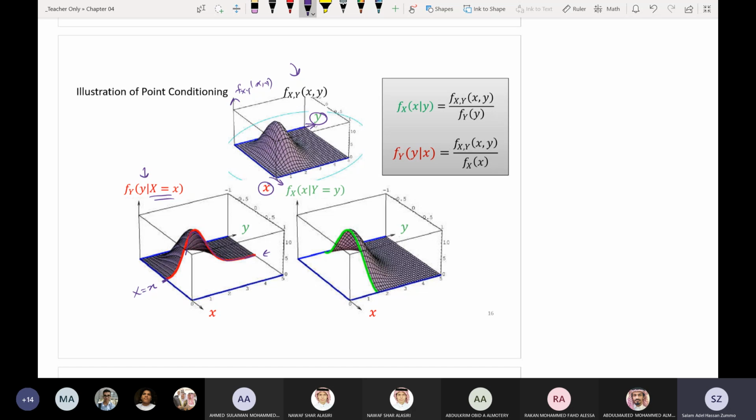First of all, it's a one-dimensional function, right? Not anymore two-dimensional, because it's only a function of y. So it changes with y, if you notice. And it takes the shape of the joint PDF evaluated at x equals x. Okay?